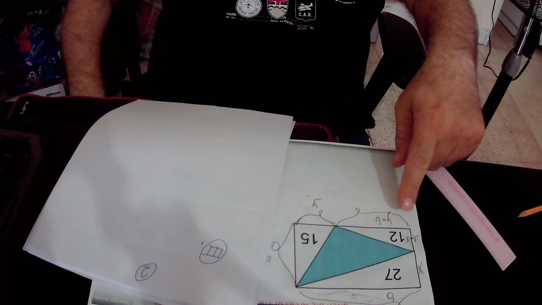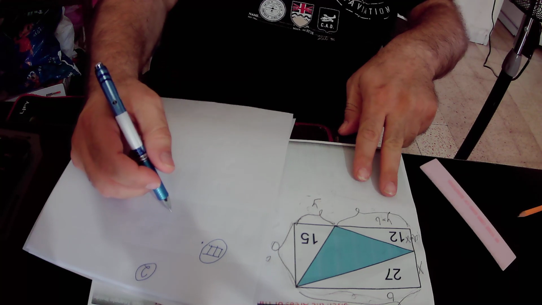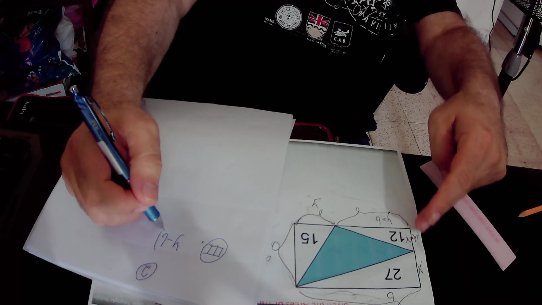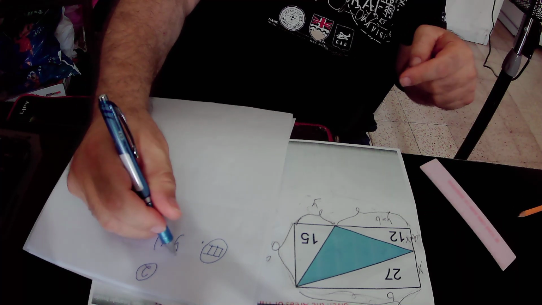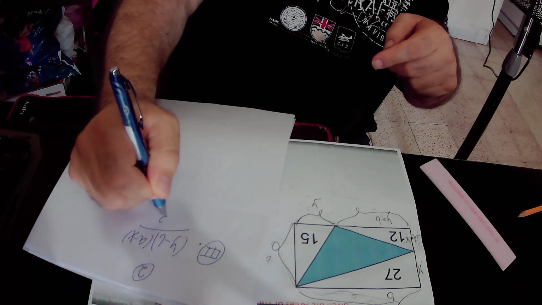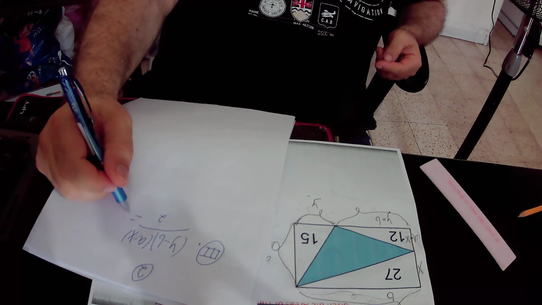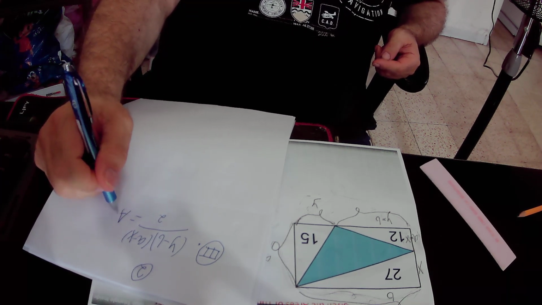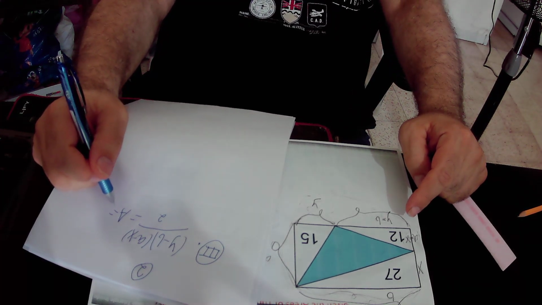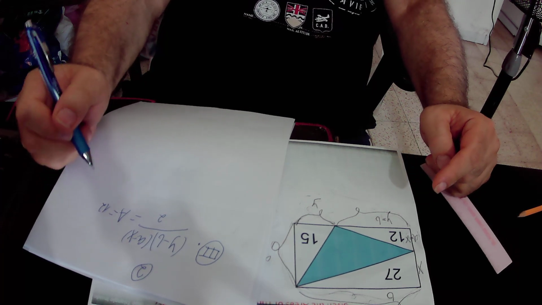So the base of this triangle, that is y minus b, times the height of this triangle, that is a minus x, all divided by 2, equals the area of this triangle. But we do know that the area of this triangle equals 12 units, so we can immediately write that A equals 12 units. A is the area of this triangle.